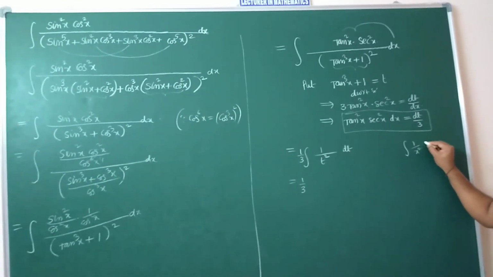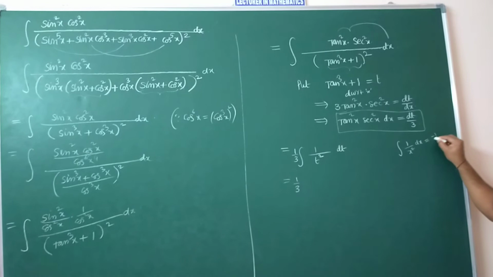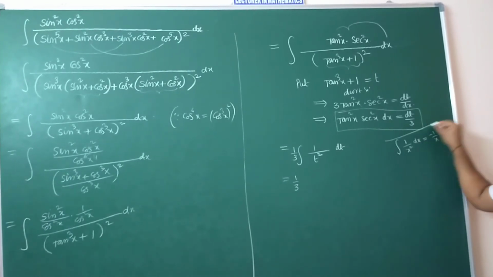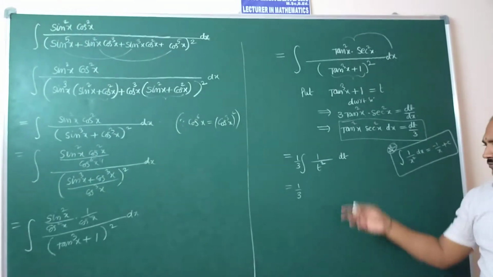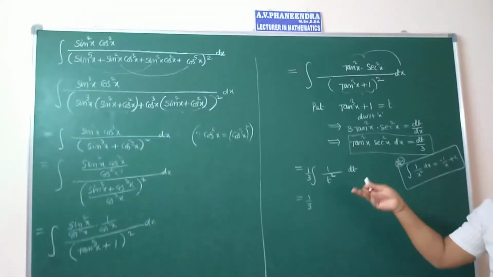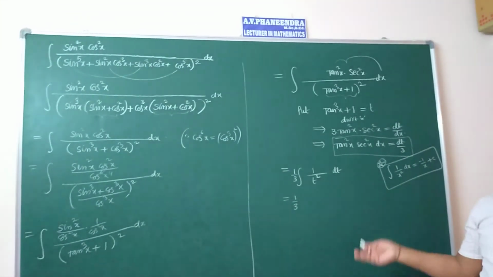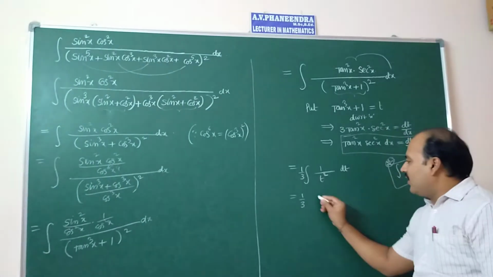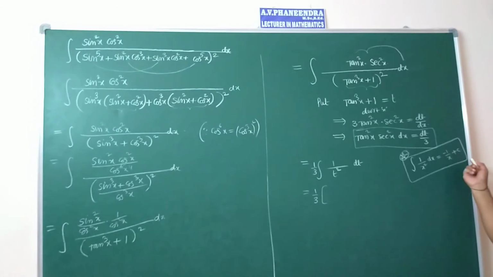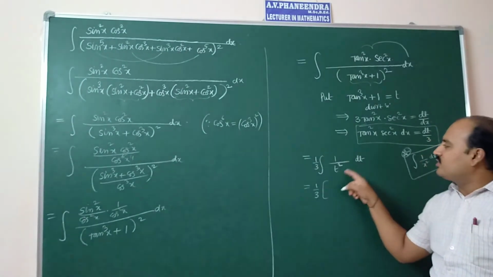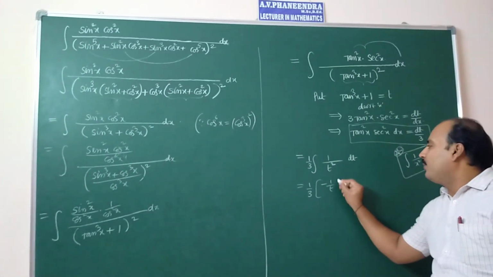Integral 1 by x square dx is equal to minus 1 by x plus c. You should remember this as a formula. Otherwise, 1 by t square is t power minus 2, and you can apply the integral exponent formula to get the answer. Instead of that, we have the direct formula: integral 1 by x square dx equals minus 1 by x plus c. In the same way, integral 1 by t square dt is minus 1 by t plus c.